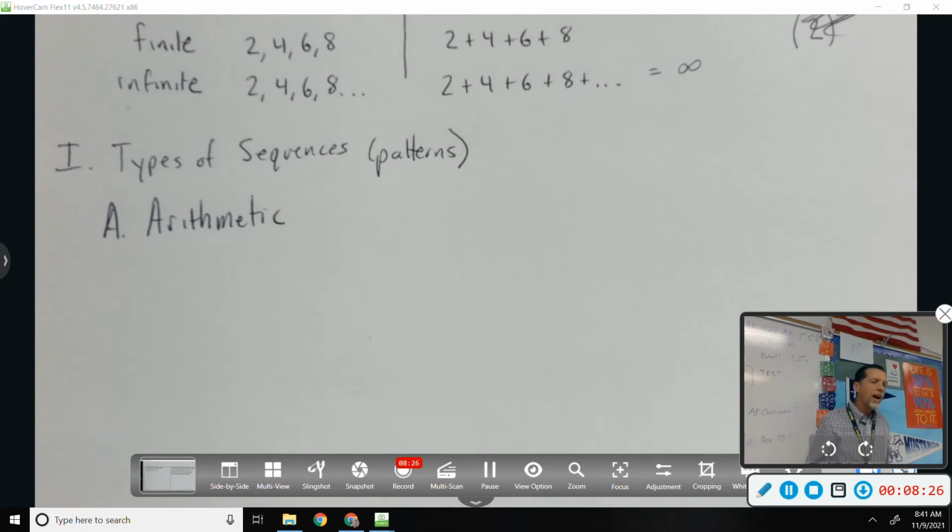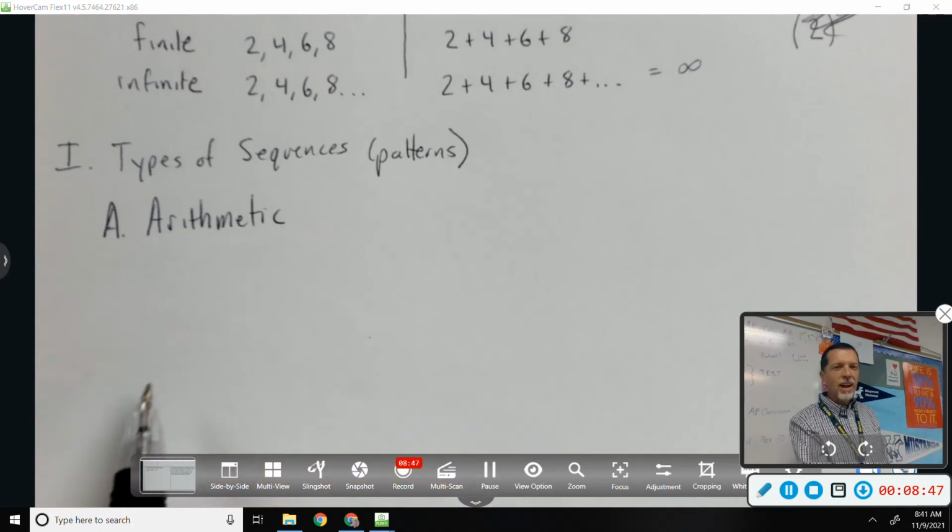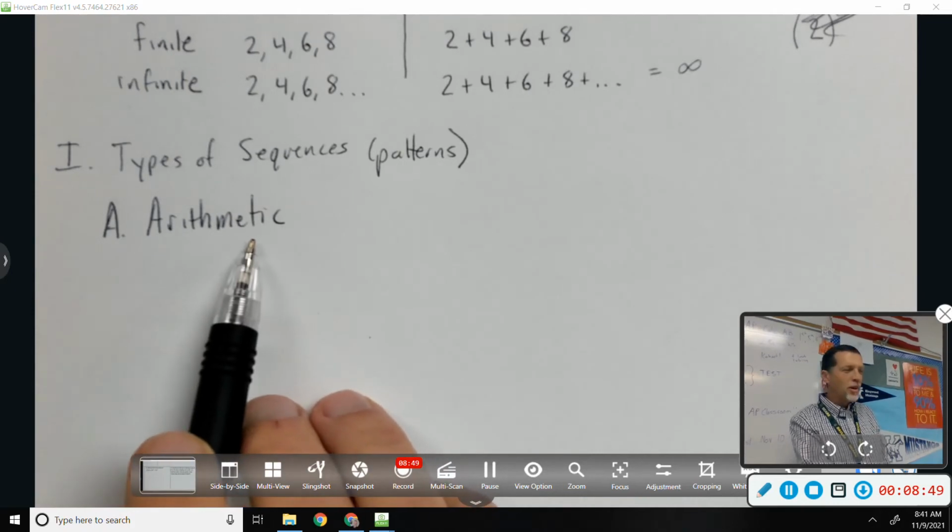Arithmetic. I know, it looks like arithmetic, does it not? But arithmetic is what you do. Like we're doing arithmetic right now. Arithmetic is the adjective that describes a type of sequence. Wow, we're having a whole English lesson today. Are they spelled the same? I think they are spelled the same. So the difference is the pronunciation.